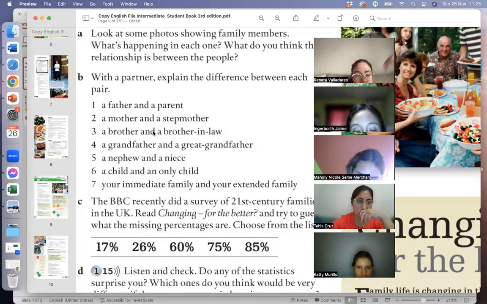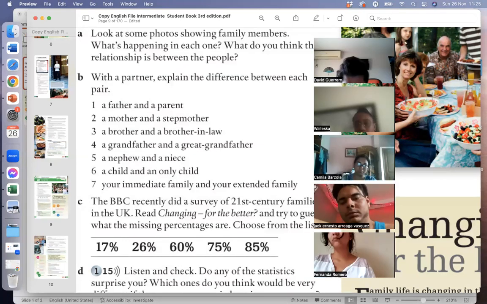Just law relationships, bonds. Yes, very good. So the mother is the person that gave you birth, okay? And the stepmother is the person based on the relationship with your father. Okay, very good. Brother and brother-in-law.